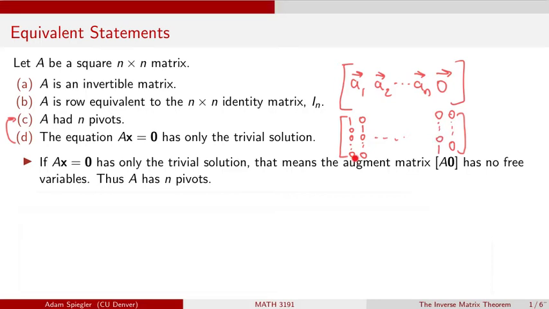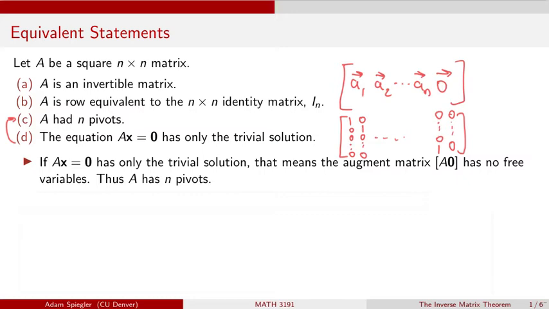In the very last column of matrix A, we should have a pivot corresponding to xn equals 0. So this augmented matrix has no free variables, and that's equivalent to saying that matrix A, when it's been put into reduced row echelon form, is going to have a pivot in every single column. So if statement D is true, then statement C has to be true.